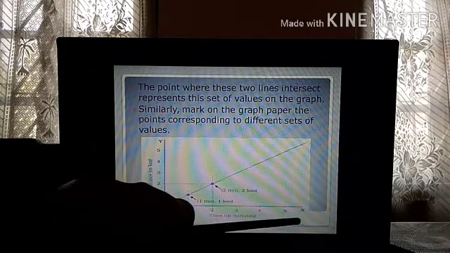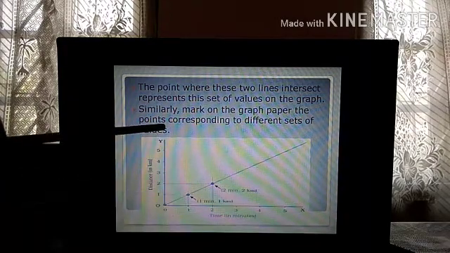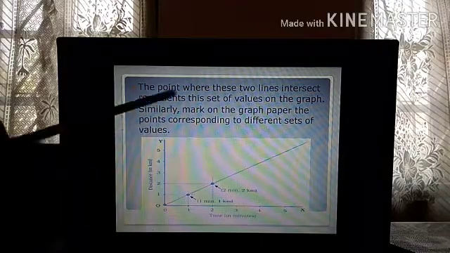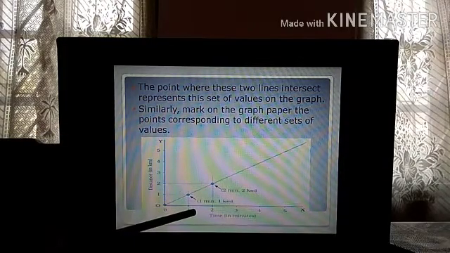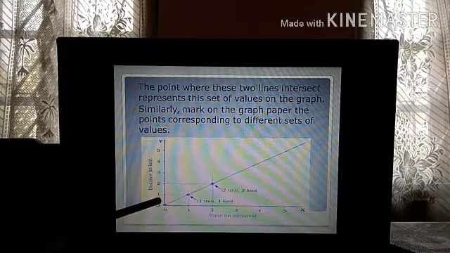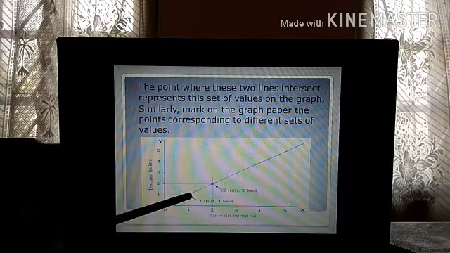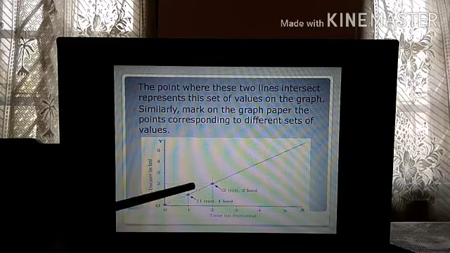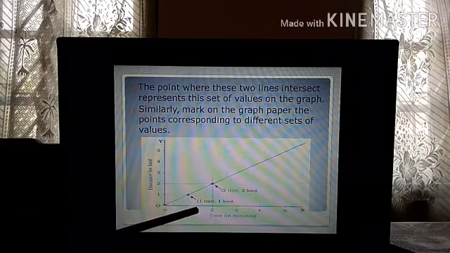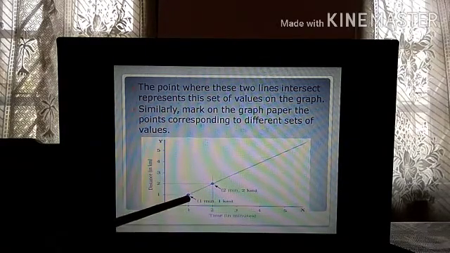This is the time that you have marked in minutes, and this is the distance that you have marked in kilometers. Now, for time 1 minute, how much distance has the car traveled? 1 kilometer. So you draw one line like this and one line like this. This point is 1 minute and 1 kilometer, because here both the points are coinciding.